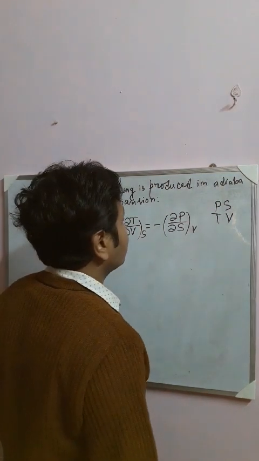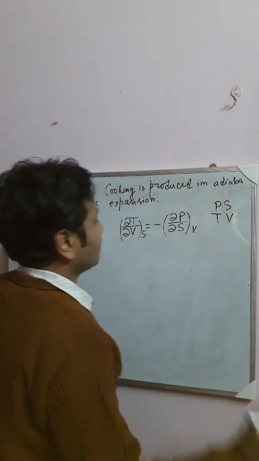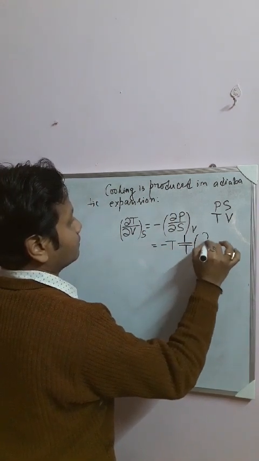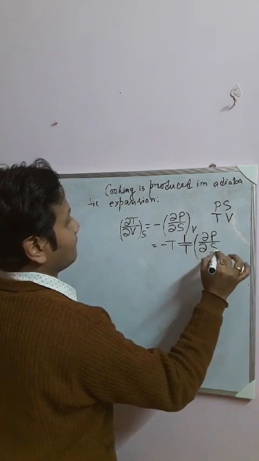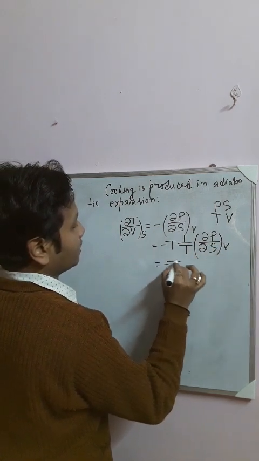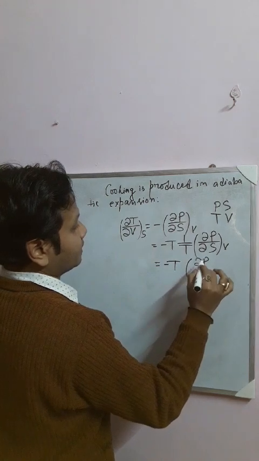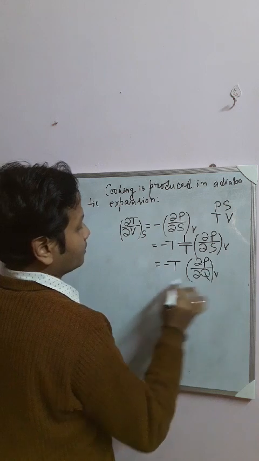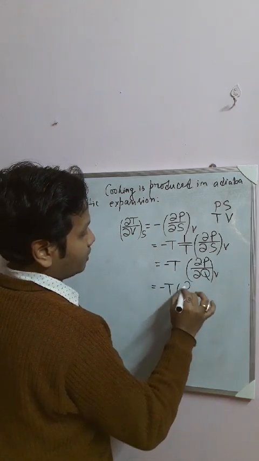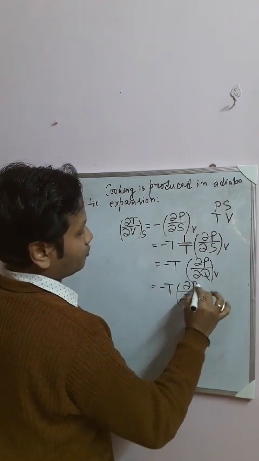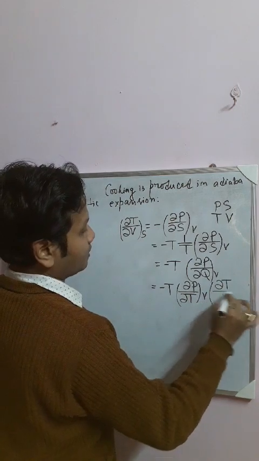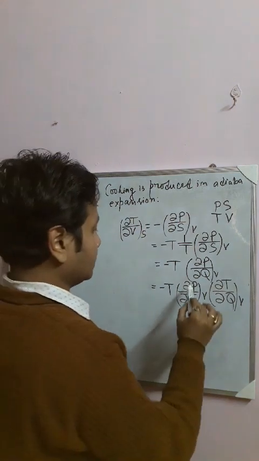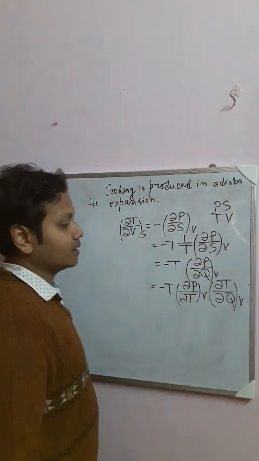We can write it as minus del P del S at constant volume, and we can write this as minus T into del P del T at constant volume into del T del Q at constant volume, since T del S means del Q.